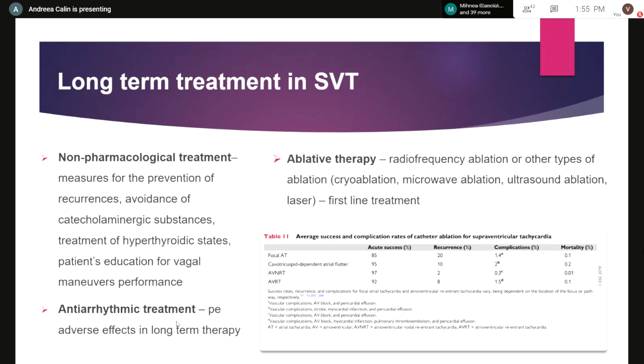Or if the patient has a wish to perform ablative therapy, if there are frequent episodes of supraventricular arrhythmia, then we should perform an electrophysiological study and determine the mechanism of the arrhythmia and try to ablate this arrhythmia.